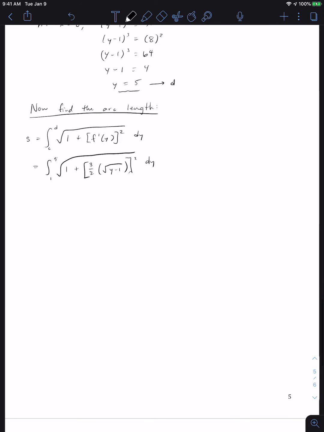Okay, so now we simplify. The integral from 1 to 5 of the square root of 1 plus, so 3/2 squared is 9/4, and then the square root of y minus 1 squared is just y minus 1.